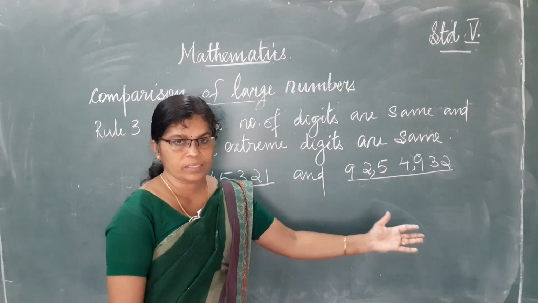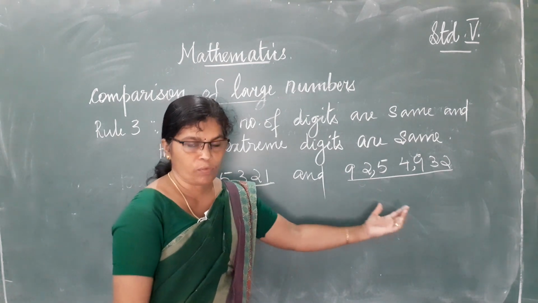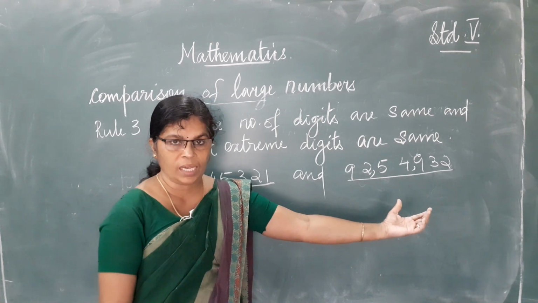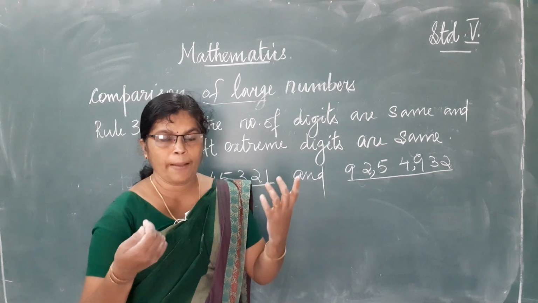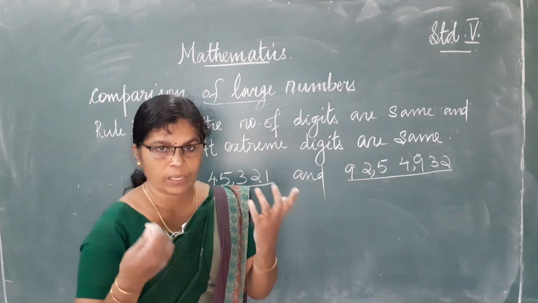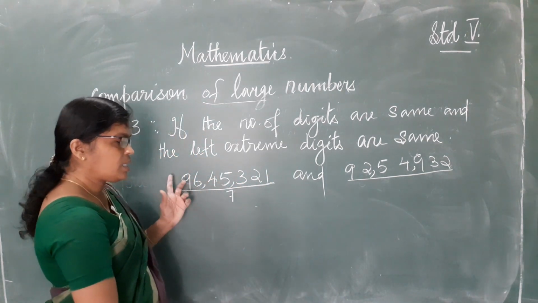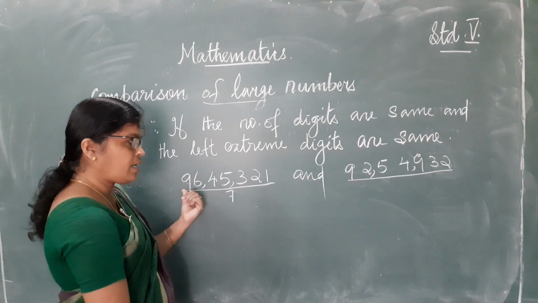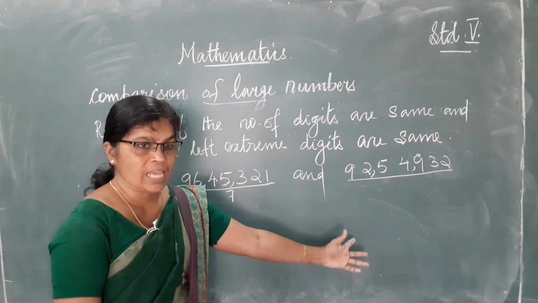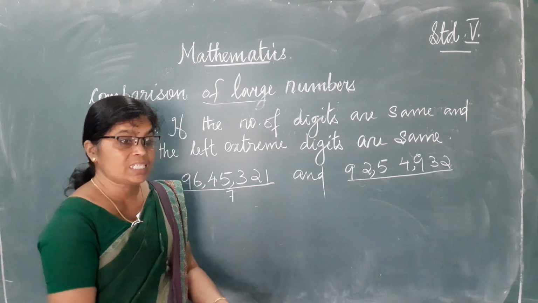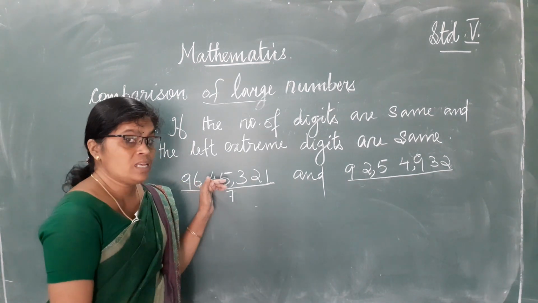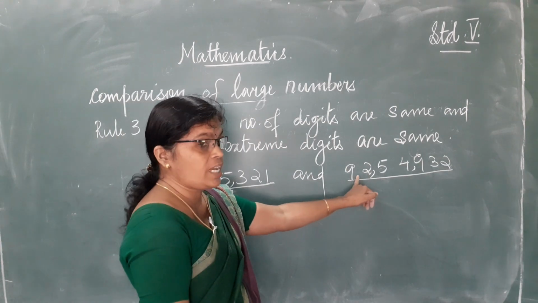Now we have counted the digits. There are equal number of digits. 7 digits are there in both the numbers. Now what we have to do is compare the left extreme digits. Here the left extreme digits are 9 and 9. Both are same. Now in this case we have to move to the next digit. What is the next digit here? 6. And what is the next digit here? 2.